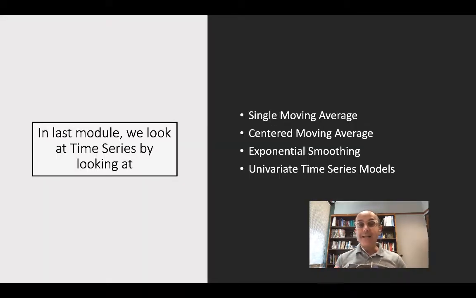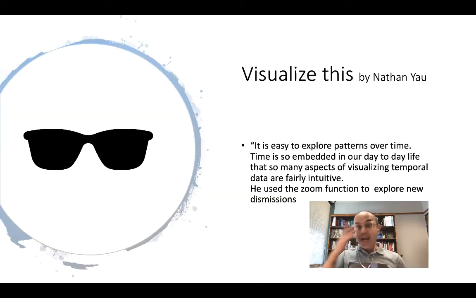The textbook talks about single moving averages, smoothness, and the time series module. All of it is part of the discussion about smooth versus rough and how to apply it. In our textbook, he used zoom in order for us to explore new dimensions.